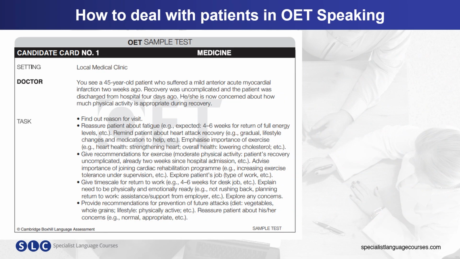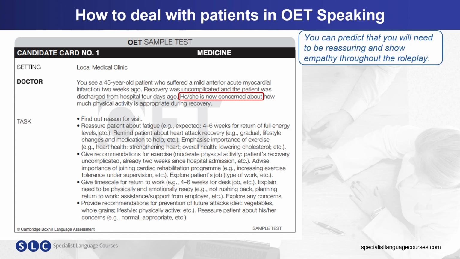Here we can see the patient is recovering from an acute myocardial infarction 2 weeks ago and that they are concerned about how much physical activity is appropriate during recovery. So you can predict that you will need to be reassuring and showing empathy throughout the role play.